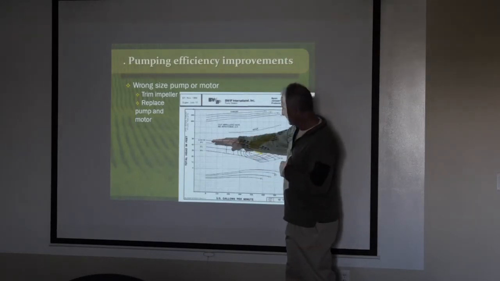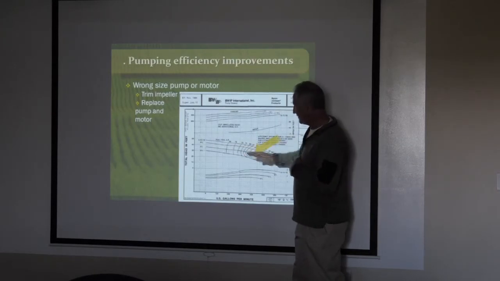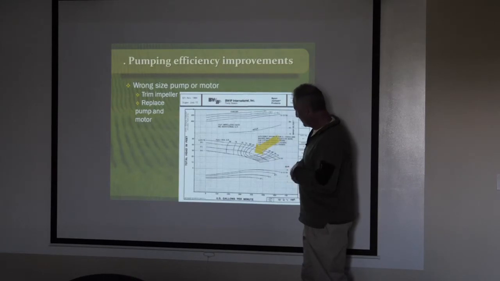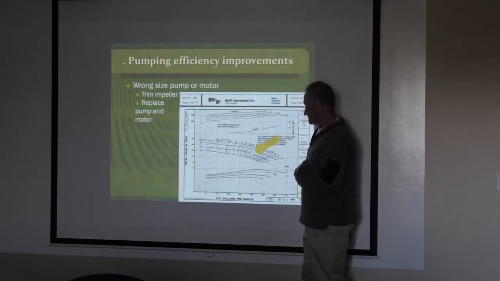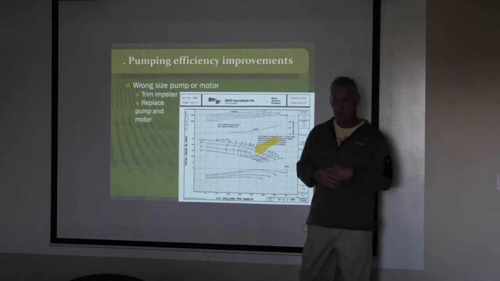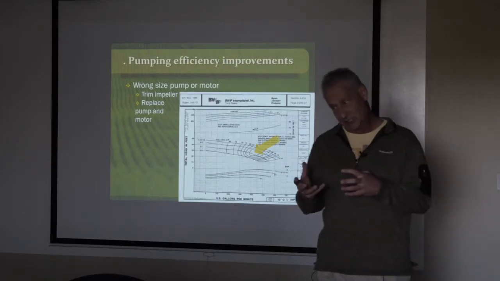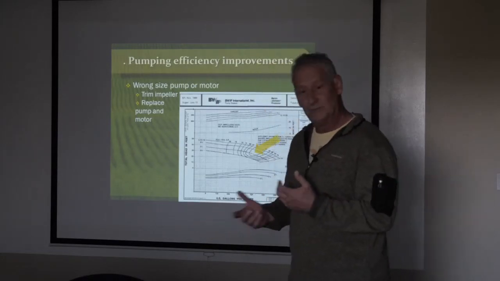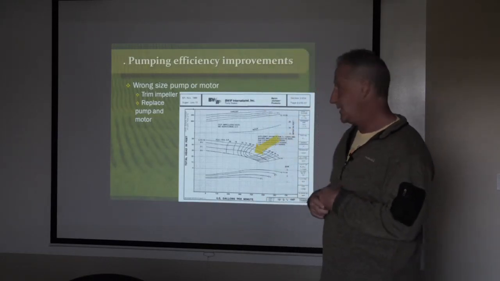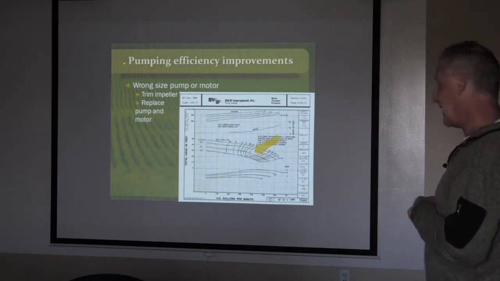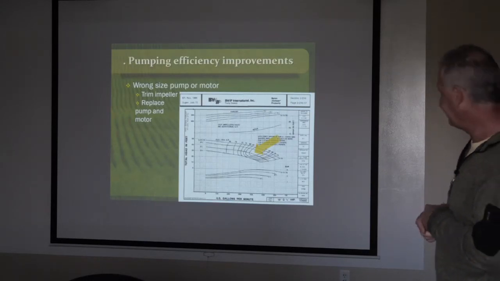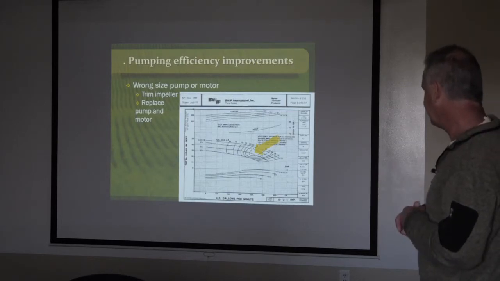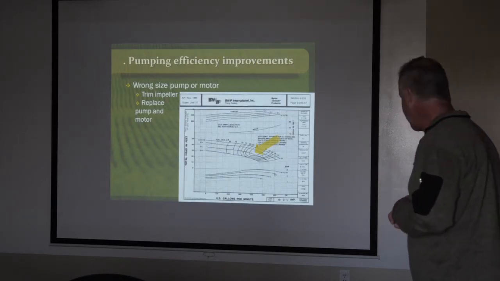The pressure curves are fairly flat, so you're not going to change the pressure a whole lot. Sometimes you can physically take the impellers out to the machine shop and they'll trim them. It would reduce the pressure and the volume. Cheaper than a new pump.